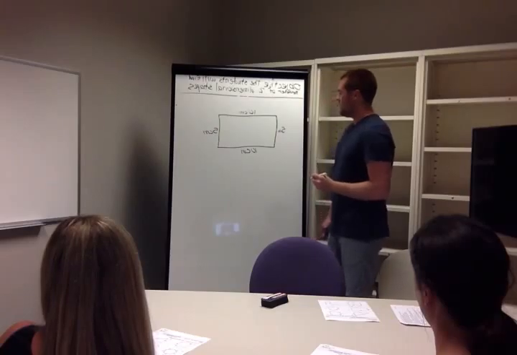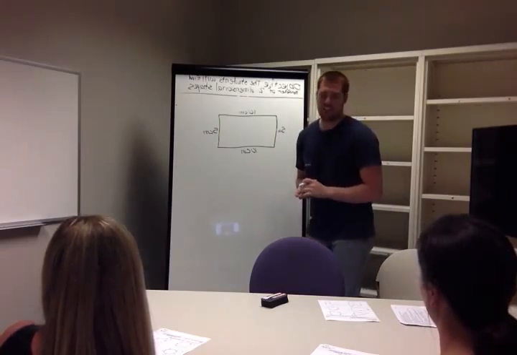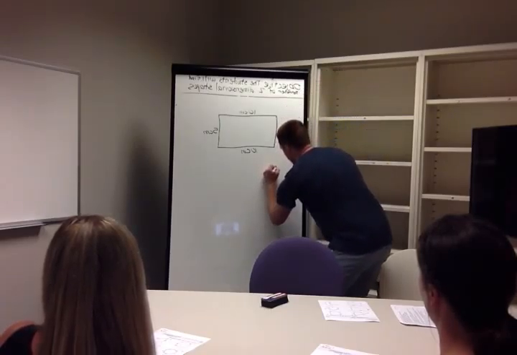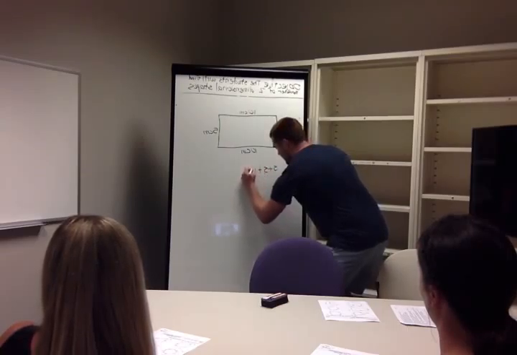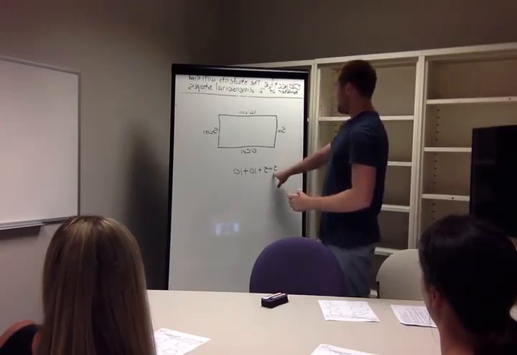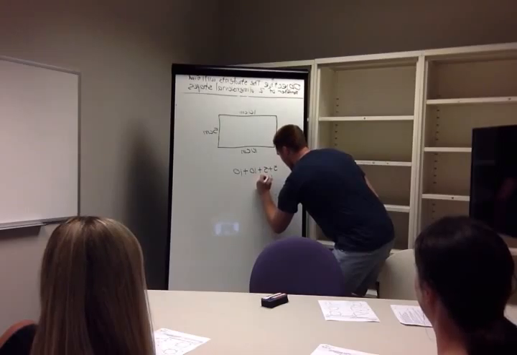Okay. So when we find the perimeter of a rectangle, we do the exact same math as we did for a square. So we would do 5 plus 5 plus 10 plus 10. So what's 5 plus 5? 10. Thank you.